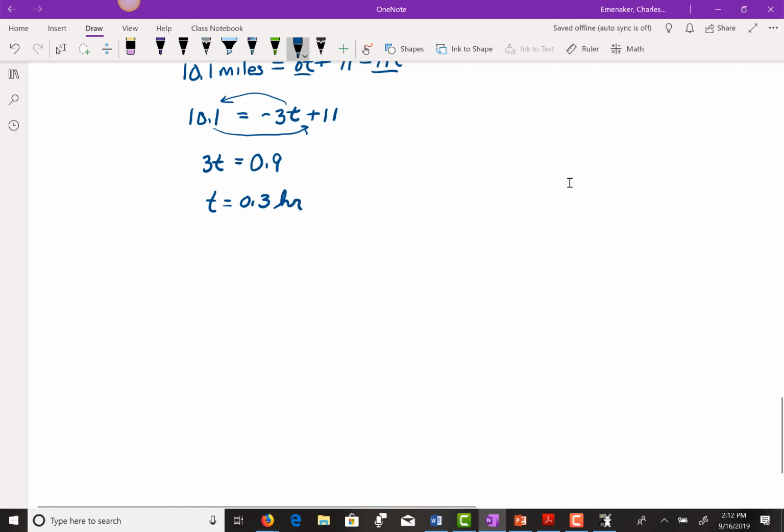Once again, we got to be careful. Well, how long till you get there? About 0.3 hours. To convert this to minutes, what would you do? There's 60 minutes in an hour, right? Which will give you 18 minutes.